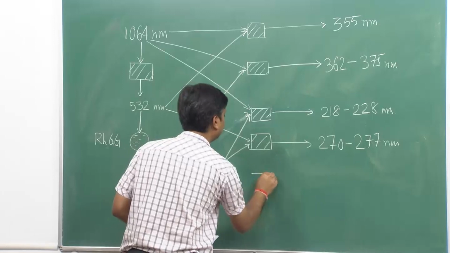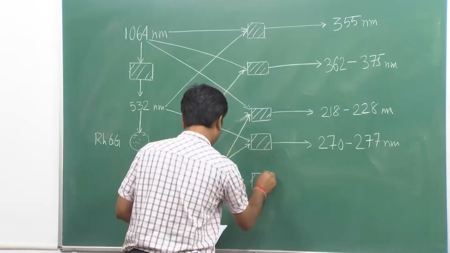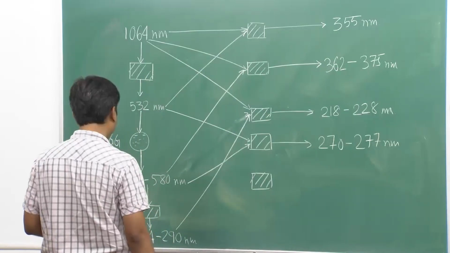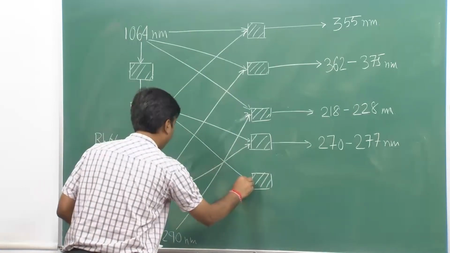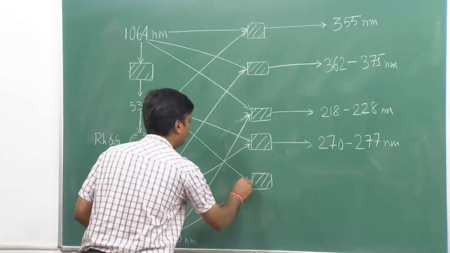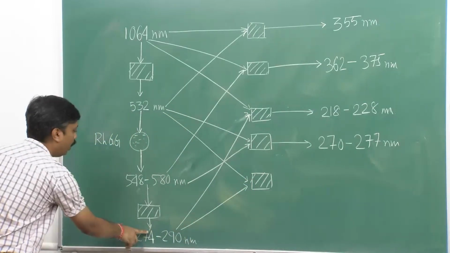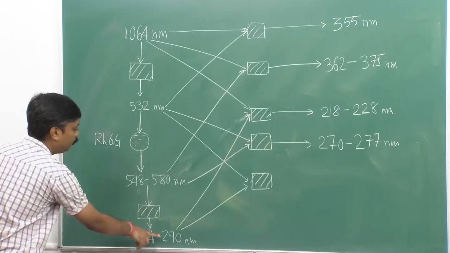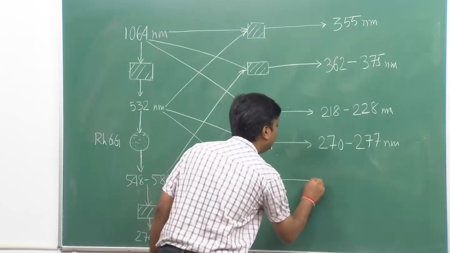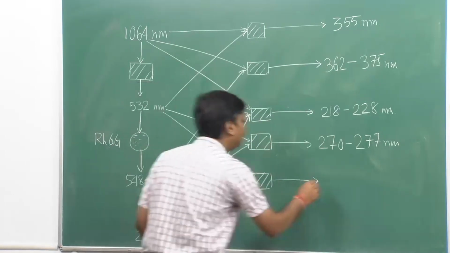I take another crystal and if I mix 532 nanometer and this output, 274 to 290 nanometer, then I can actually generate a very unique set of wavelengths.